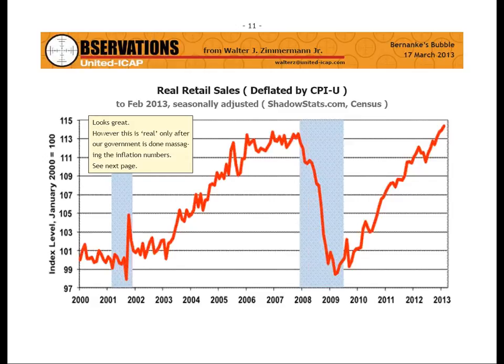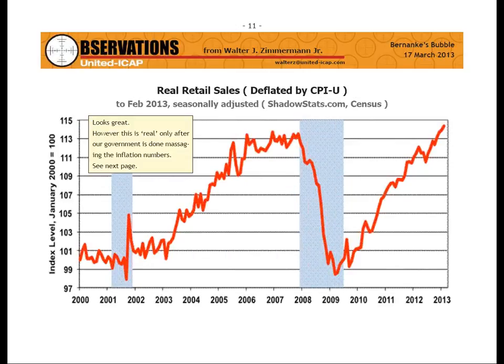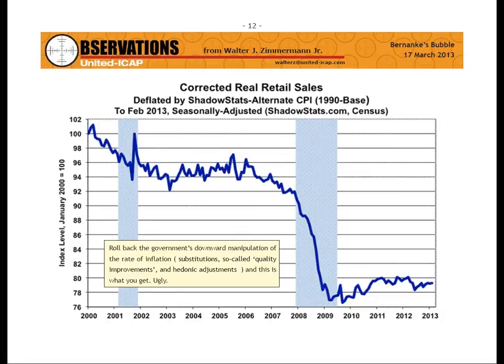If we use Shadow Stats, John Williams' version of inflation, which is how the government used to calculate it, this is retail sales. Tusk, teeth. There's a huge difference here between looking at the government's inflation-adjusted retail sales and how the government used to calculate inflation and calculating retail sales from that.